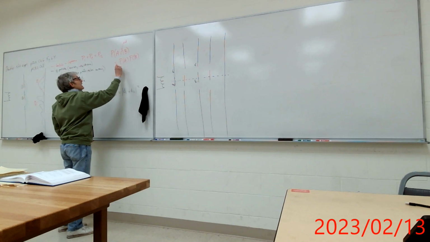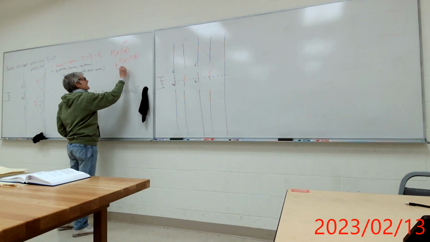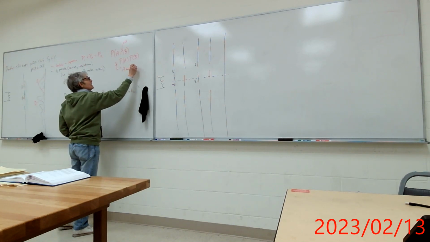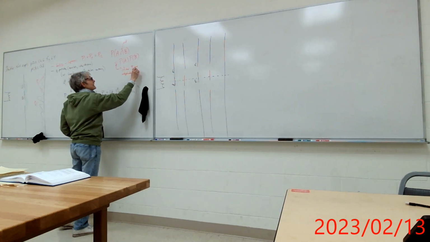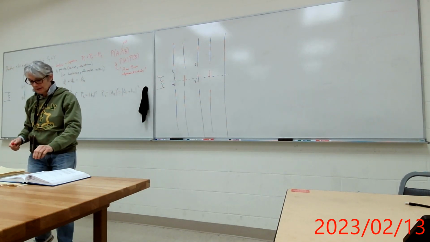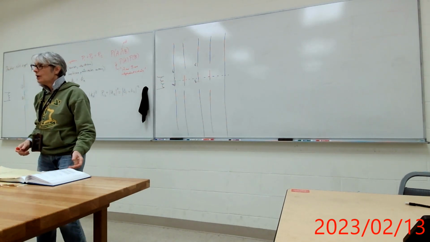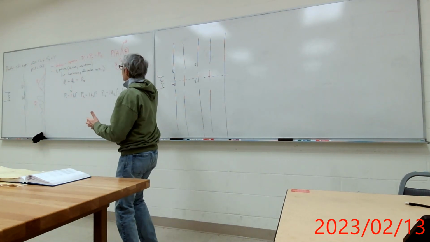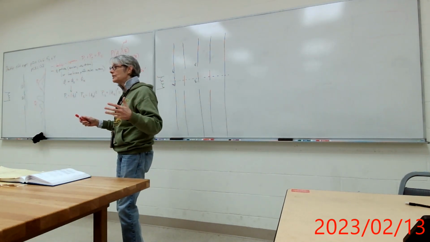Okay. And so I'm just going to write this down. A and B are independent events. So that's what we mean by that. Okay, so what's the classical, what's the quantum mechanical analog to this?